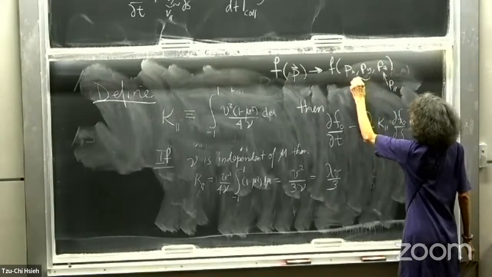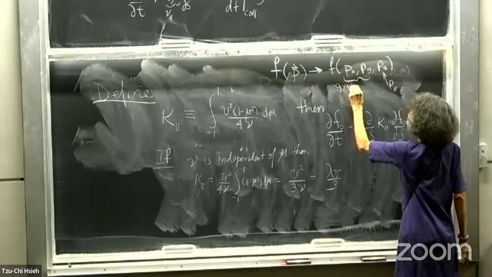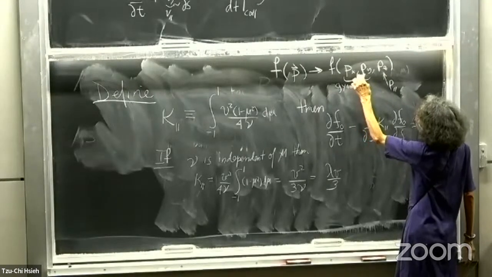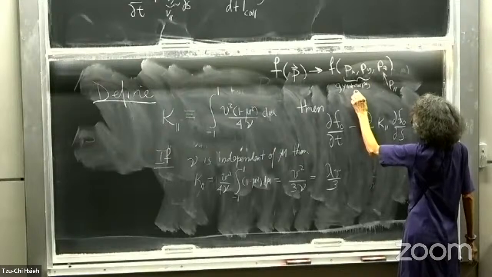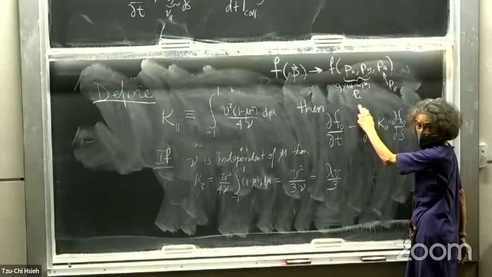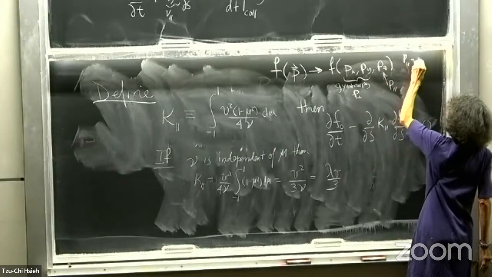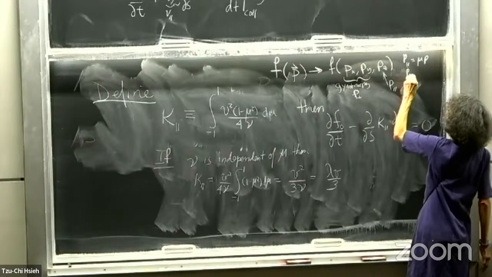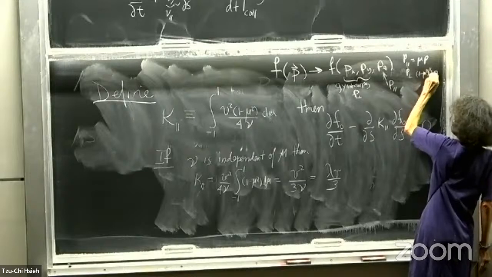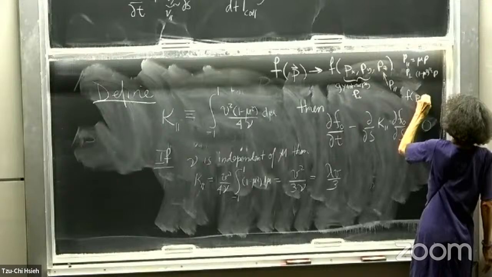Then gyrotropy says that the dependence on Px and Py is the same, so it becomes a function of parallel and perpendicular momentum. Then p parallel is mu p, and p perp is (1 minus mu squared) to the 1/2 times p. So we just write it as a function of the magnitude of p and mu.